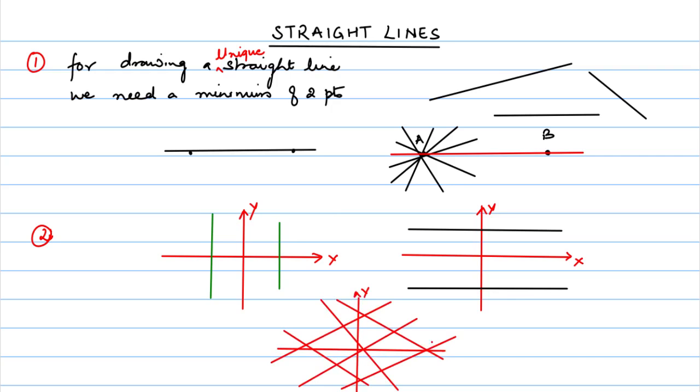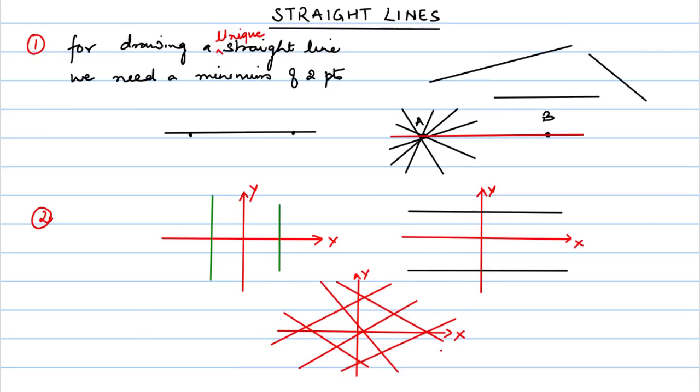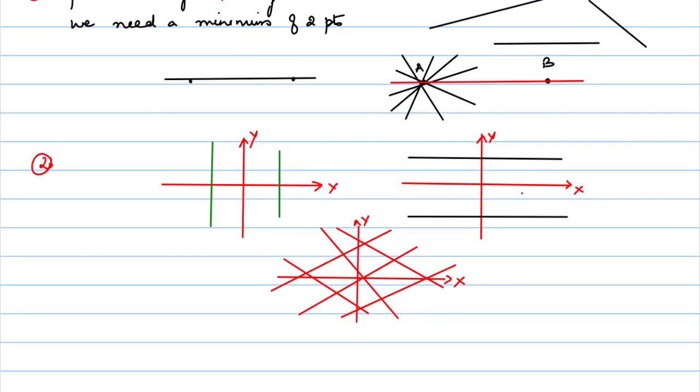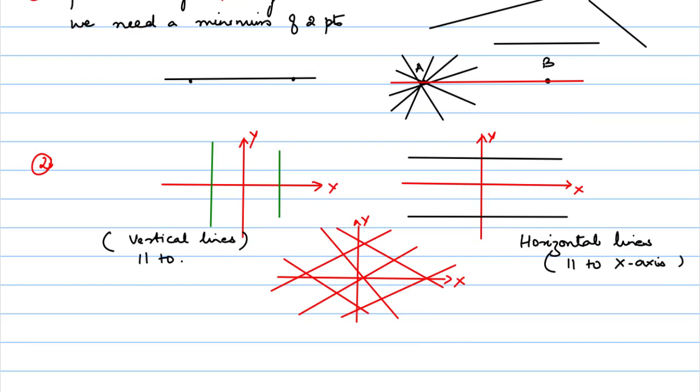This is the y-axis, this is the x-axis. If we look closely, the lines of this kind are called horizontal lines, because they are parallel to the x-axis. Similarly, these lines are called vertical lines, because they are parallel to the y-axis. And these are called oblique, or slant, lines. So the lines can be classified as vertical lines, horizontal lines, and oblique lines.